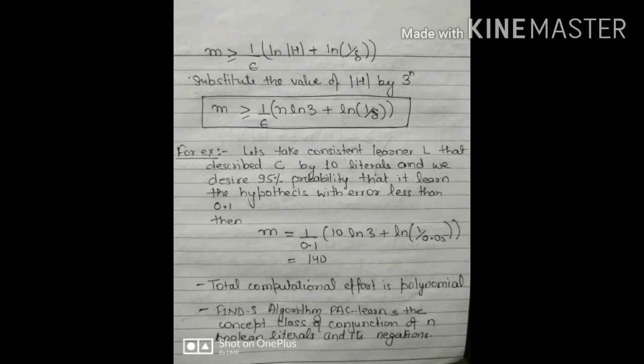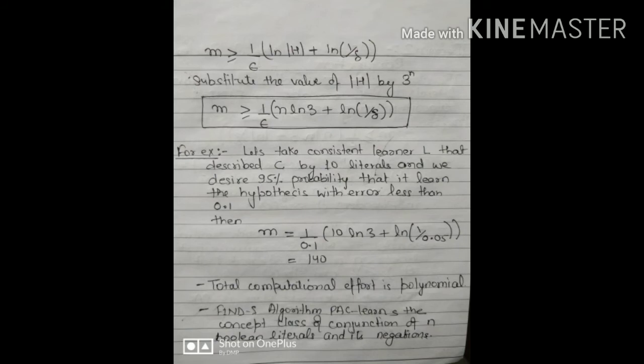We are taking 10 literals and 95% probability, which means delta is 5%, and the error should be less than 0.1, so epsilon is 0.1. Here we calculate m just by putting all the values in the equation we mentioned just before. From the equation we see that m grows linearly in the number of literals n, and linearly in 1 by epsilon, and logarithmically in 1 by delta.